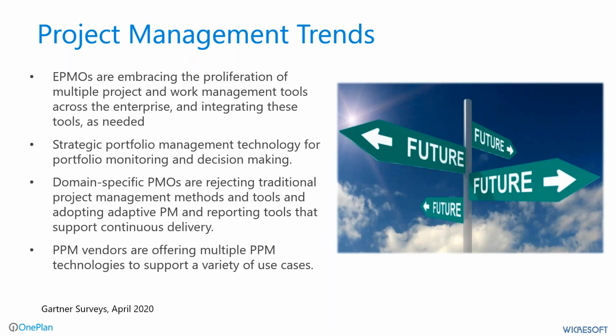So the Gartner Group tries to stay at the forefront of these things, and a recent survey that they did in April found some project management trends that support this. They said that enterprise project management offices are embracing the proliferation of multiple tools and work management tools for projects across the enterprise, and integrating these tools as needed, instead of trying to force fit people into some monolithic singular type of tool that people have tried to do in the past.